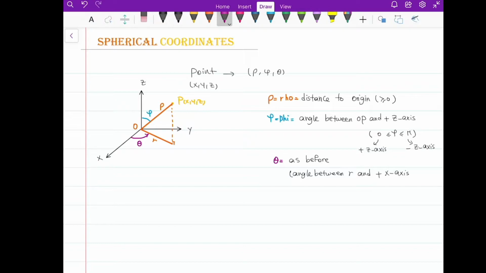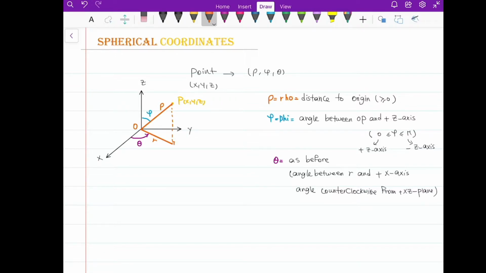Theta is counterclockwise, so it's the angle that is counterclockwise, and I can say that it's the angle from OP to the XZ plane as well, you see. I should say the positive XZ plane, okay?